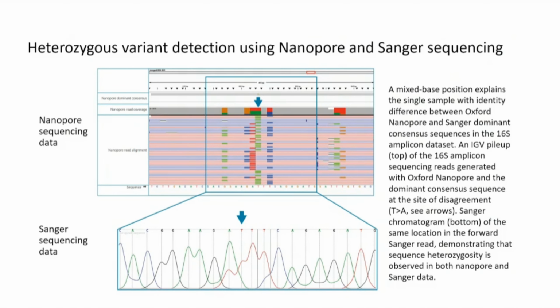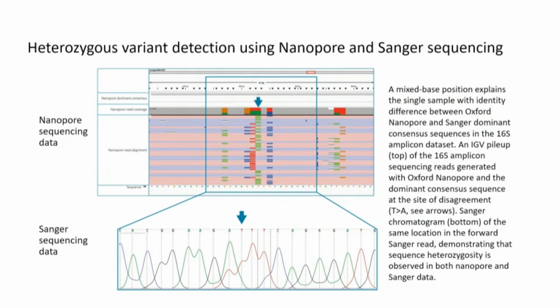But let's say there are heteroplasmic variants, so the allele frequency of some of the variants in, for example, the 16S amplicons might be rare.